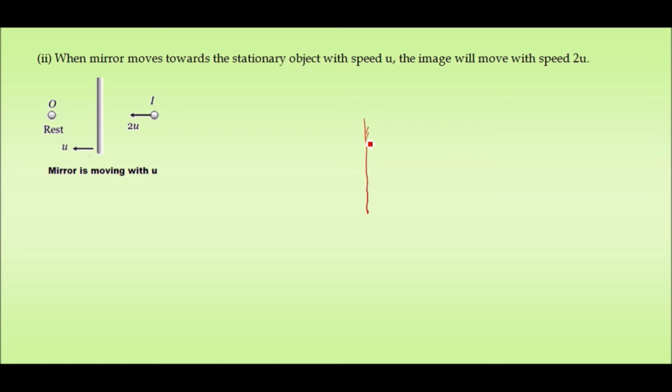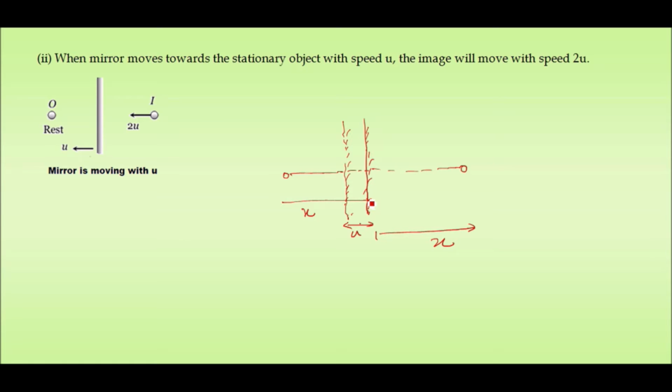Suppose this is the plane mirror. The object was initially placed at a distance x from the mirror. Now the mirror is moving with speed u, so in 1 second the mirror will move a distance equal to u. Earlier the image was formed at a distance equal to x.